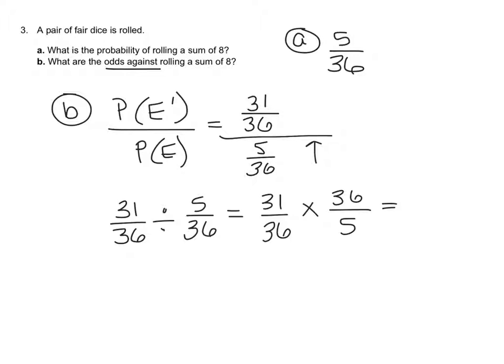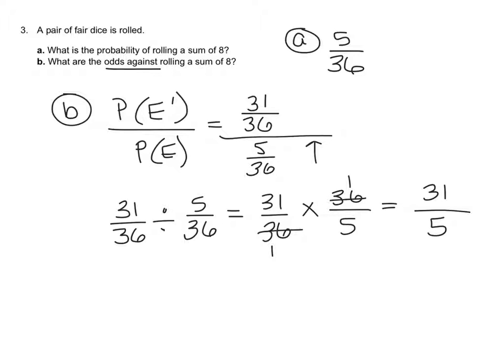Now, once we change the problem to a multiplication problem, we can cancel factors on the top and bottom. So I have a 36 on top and a 36 on the bottom, which can cancel. Now I'm left with a 31 times 1 on top, which is just 31, and a 1 times 5 on the bottom, which is just 5.